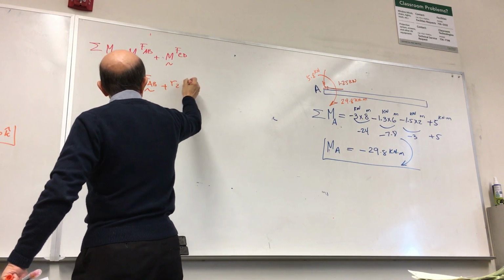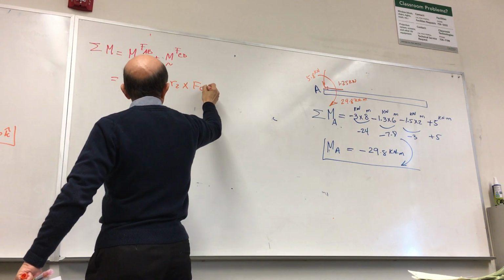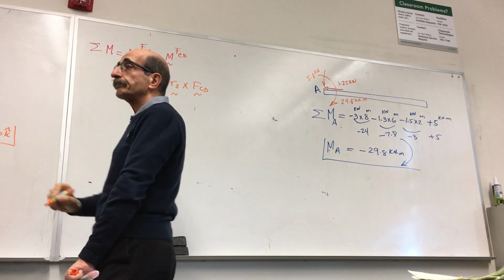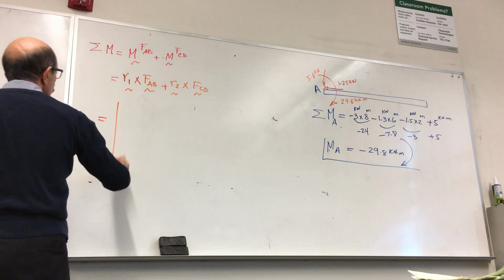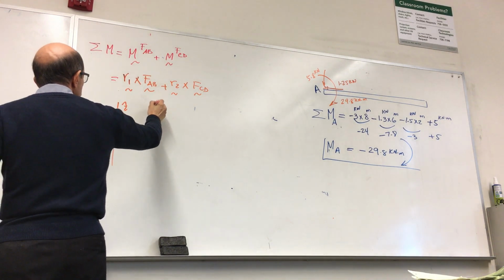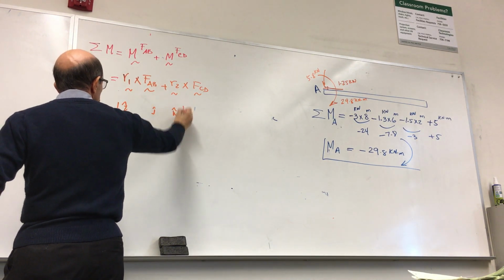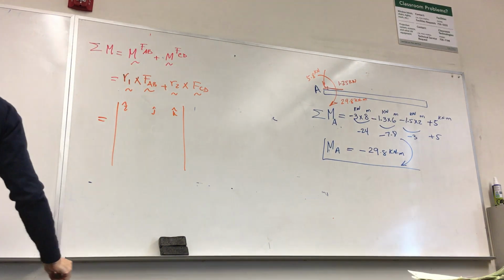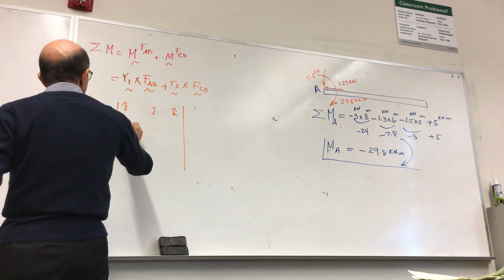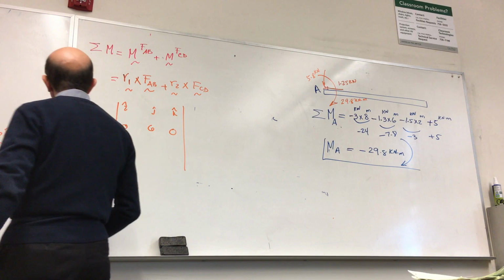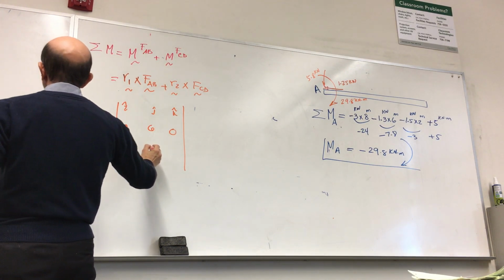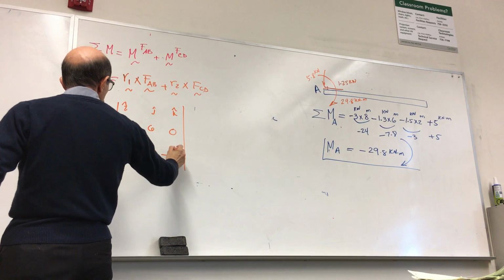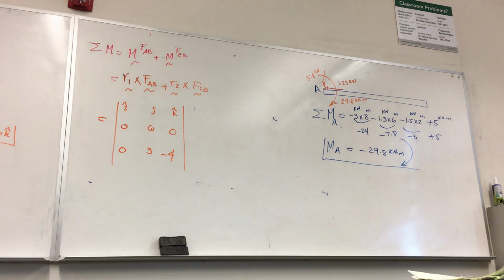Plus R2 cross F of CD. It's very easy because those position vectors are special cases. R1 is simply 0, 6, 0. This is the equation for the force, so 0, 3, negative 4. So that's the moment for the first force, about point O.